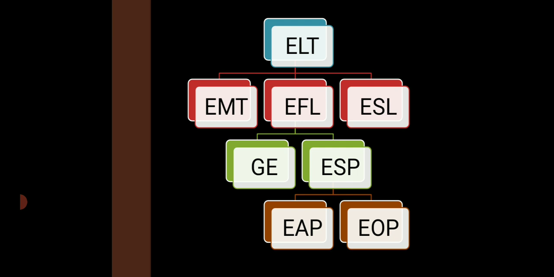For example, some learners would like to continue their study in foreign countries, so we are trying to teach them the academic writings, so that they can use the skills when they are studying abroad, for example. So what I have just explained is actually the two branches of ESP, EAP and EOP.